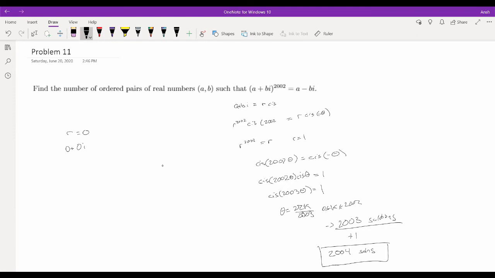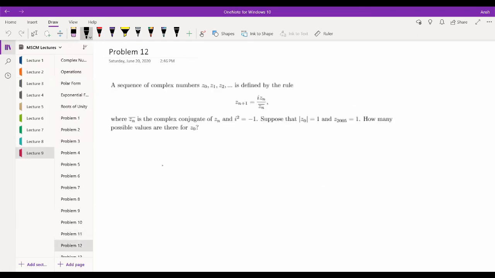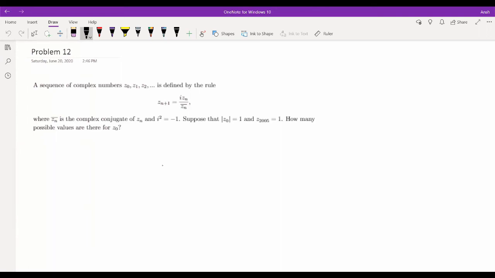So moving on to our next problem. Here we have a sequence of complex numbers z0, z1, z2, and so on, defined by z of n plus 1 equals i times z of n over the conjugate of z of n.